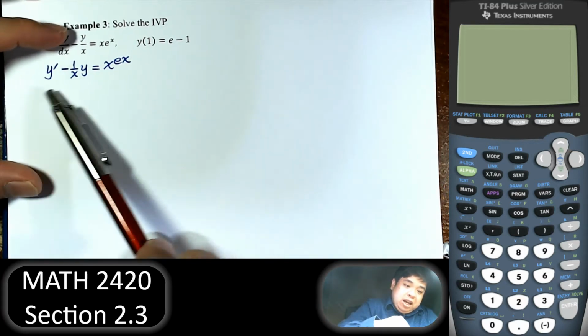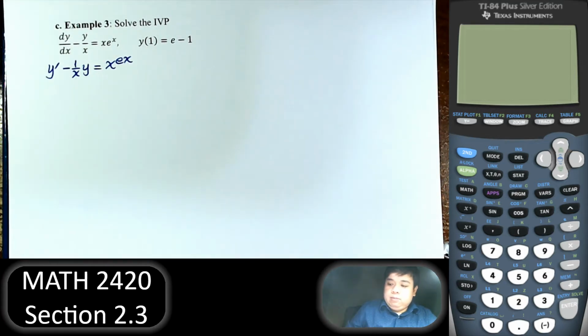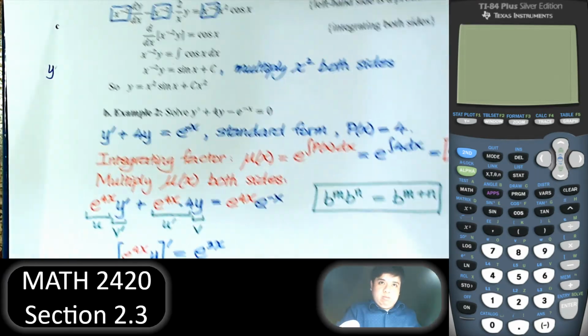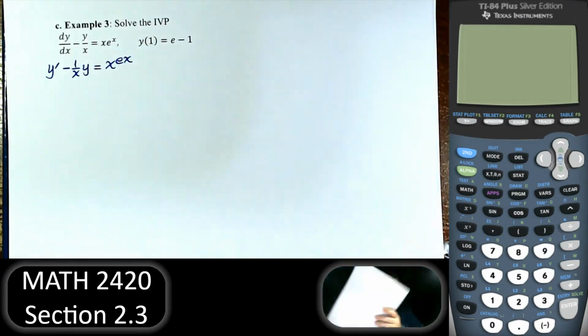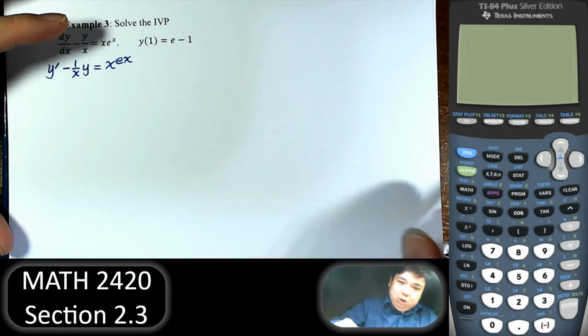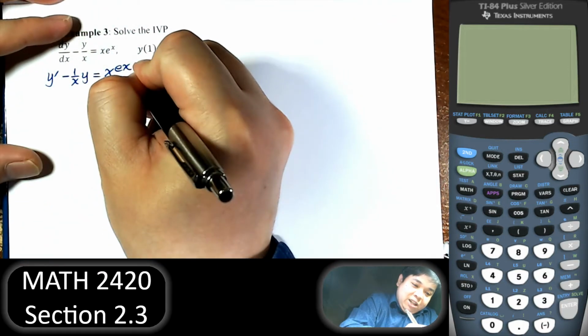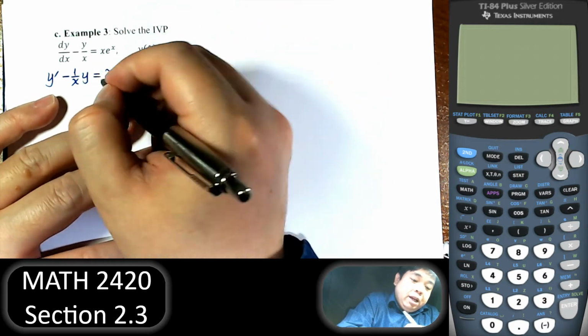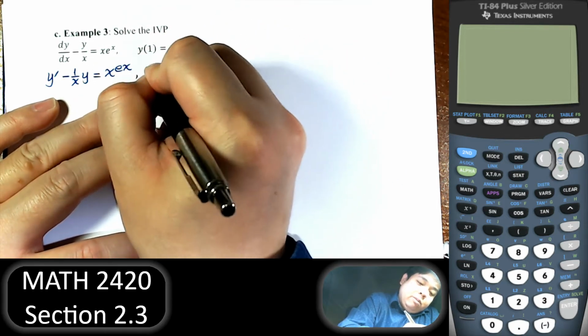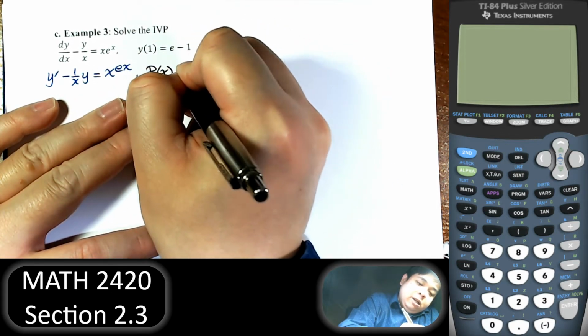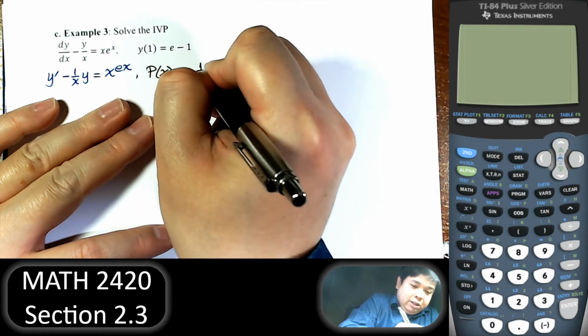So this is in the standard form. I'm not going to use red anymore. I'll use a different color, black ink in this case. So this is in the standard form, p of x is equal to negative 1 over x.